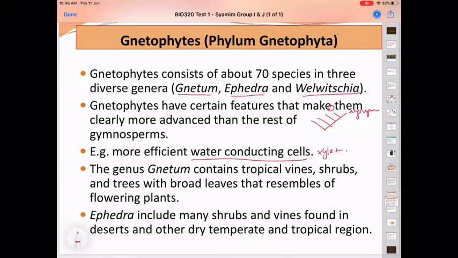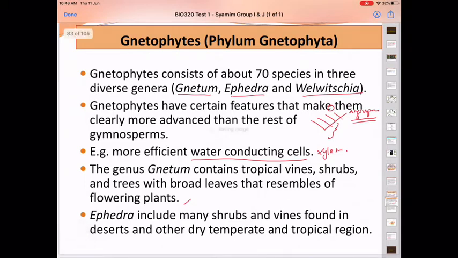The genus Gnetum contains tropical vines, shrub and trees with broad leaves that resemble a flowering plant. So sebab dia dah dekat dengan angiosperm, so dia mesti lebih advanced, dia punya structure lebih advanced compared to the rest. Ephedra includes many shrub and vine found in desert and other dry temperate and tropical regions.